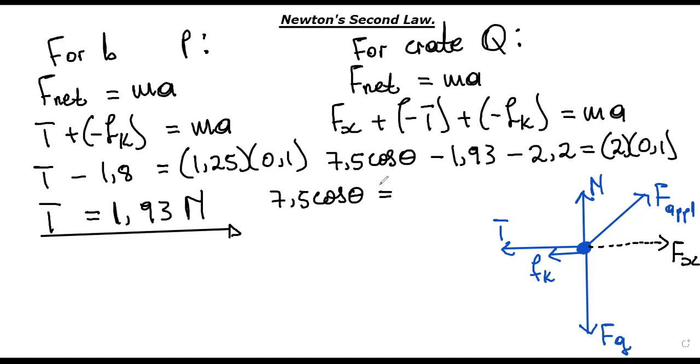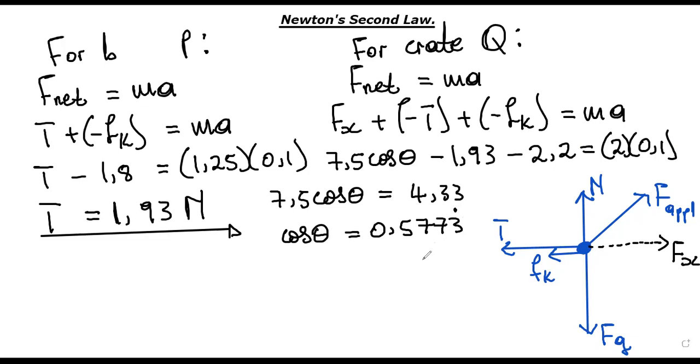Then we take everything to the right. So we say 2 times 0.1 plus 2.2 plus 1.93. Then we get 4.33. From this point, we divide both sides by 7.5. Then we find that cosine theta equals 0.5773, and this one is recurring, like that.